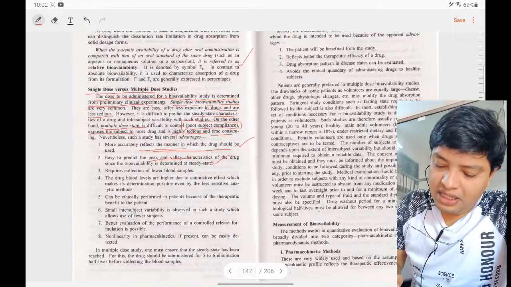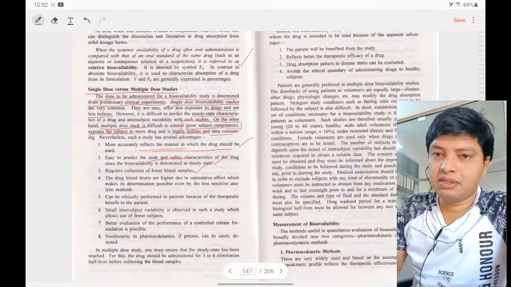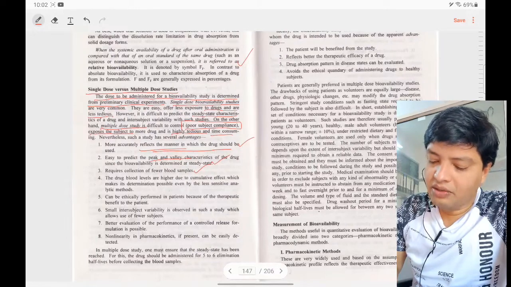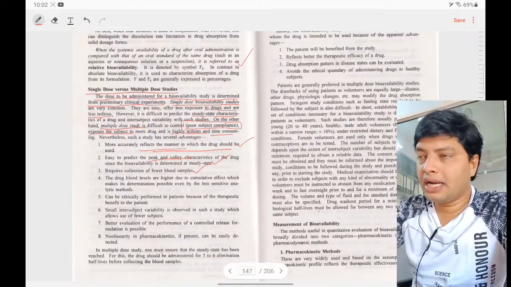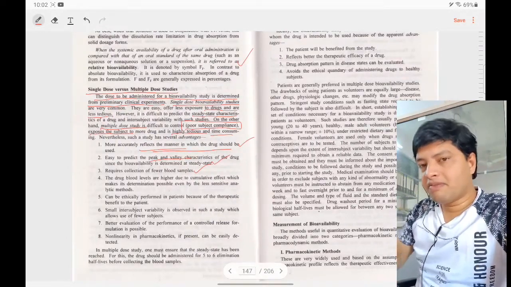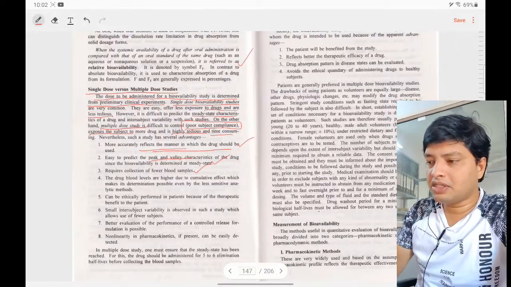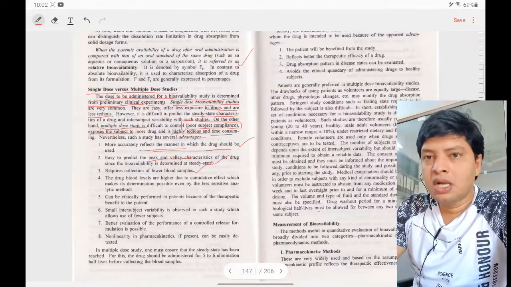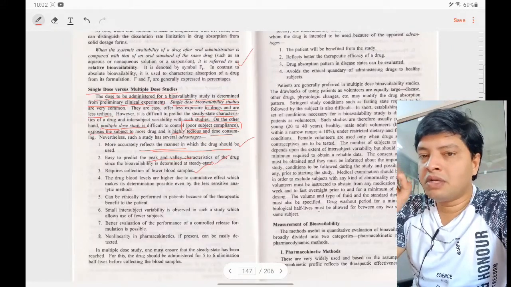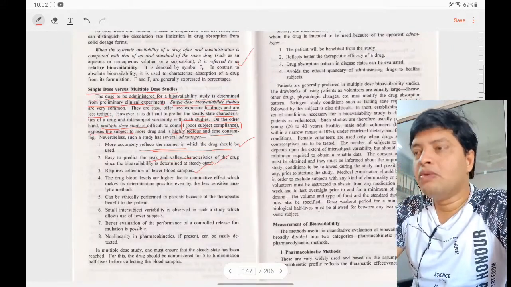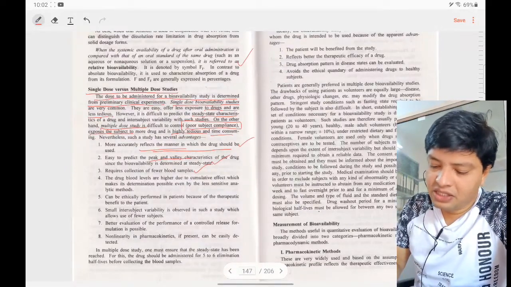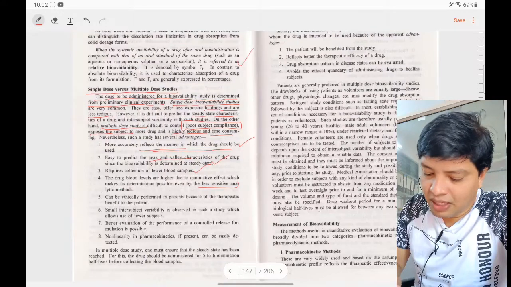Then it requires collection of fewer blood samples. The drug blood levels are higher because, after collecting blood from the patient, we separate the plasma and check the amount of drug present in the plasma. If you give only one dose, the amount of drug present in the plasma will be very, very less. If you give multiple doses, the amount of drug present in the plasma is high, hence you can use less sensitive analytical instruments.